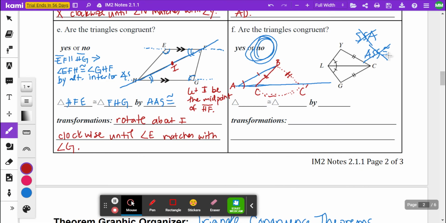Angle side side does not work. It's ambiguous. There are two ways for this second side to land without changing angle BAC. Angle side side does not work.